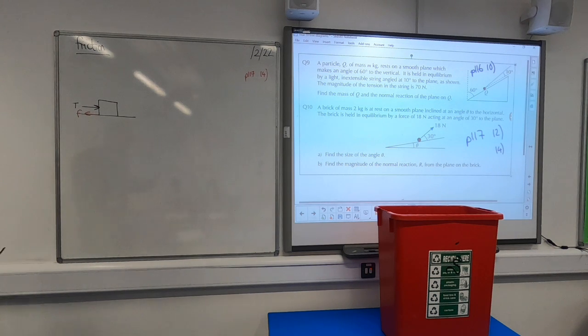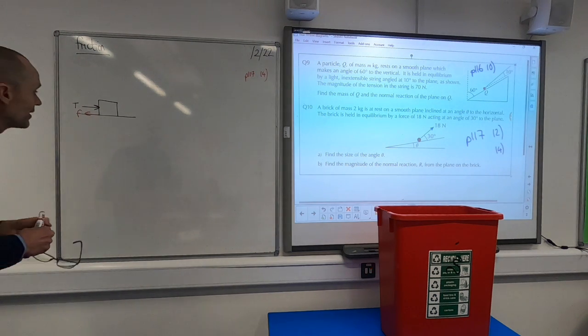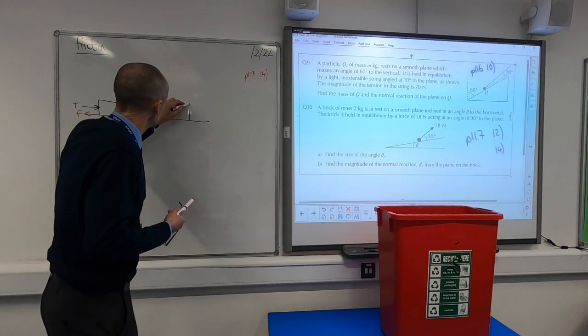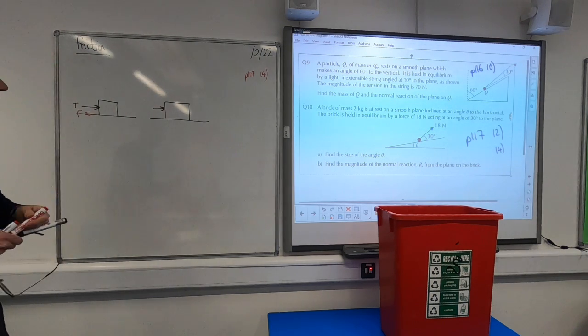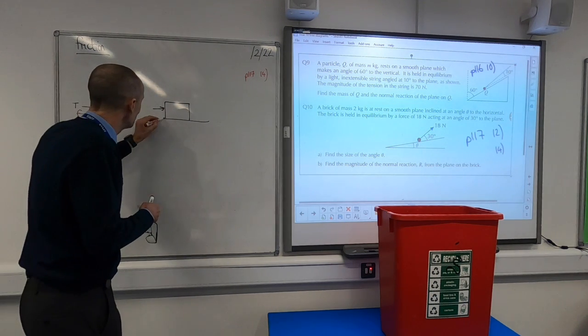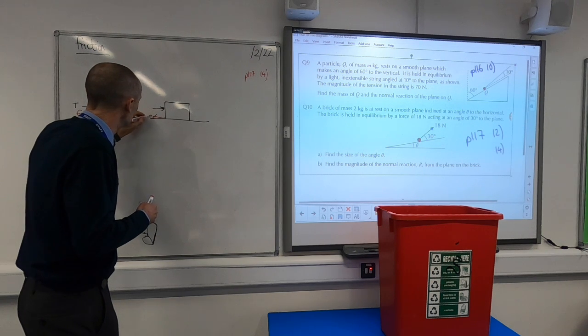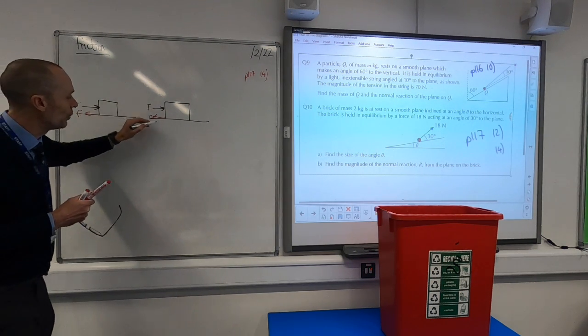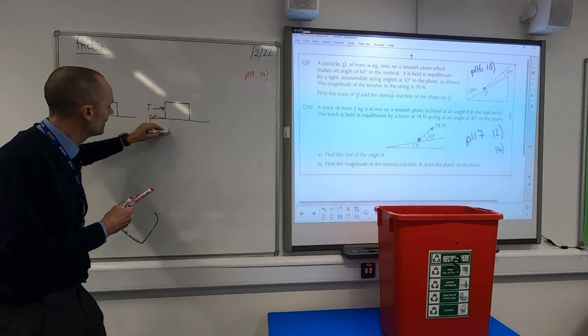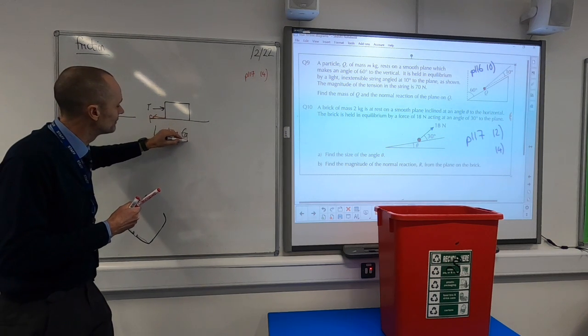It has a limit. So there is a point, as I increase T, where we're still in equilibrium, but it's about to go. So F has reached its maximum value, and we call that point limiting equilibrium.